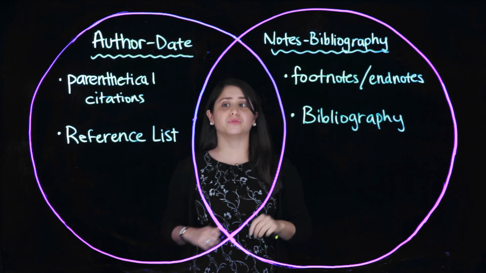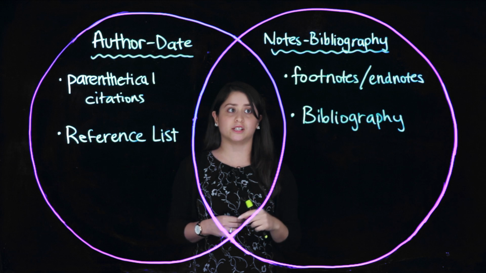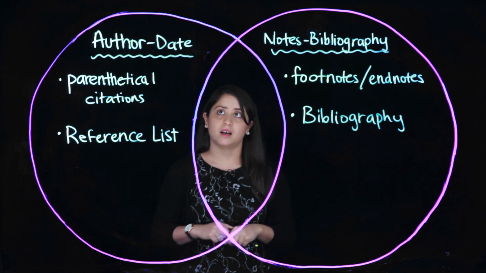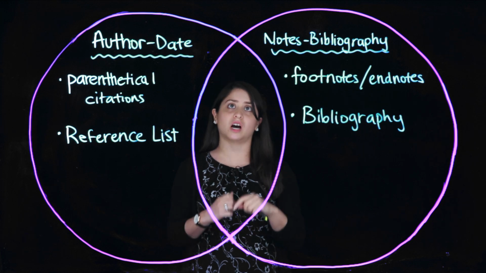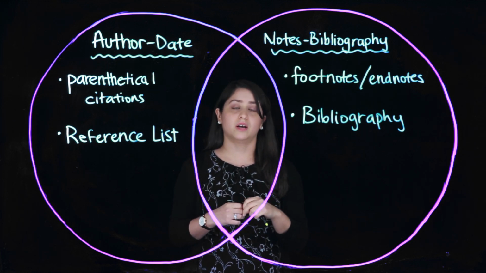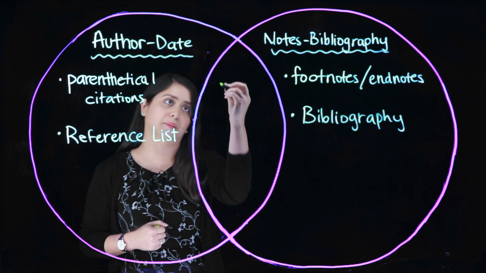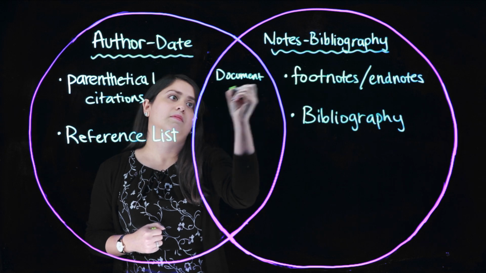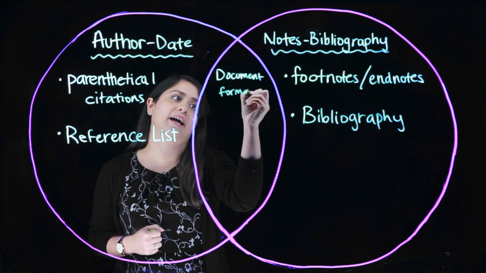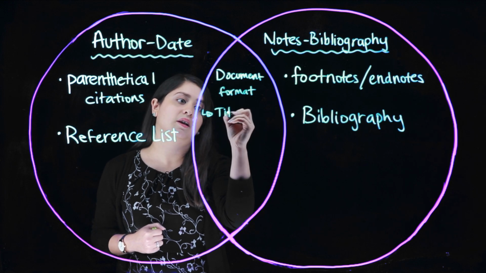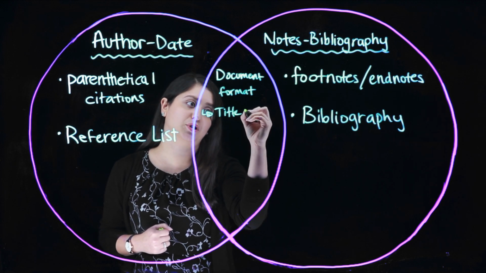Now, there are two different ways you would create your citations when you're doing either a bibliography or a reference list. And now just to talk about some similarities, the main similarity amongst the two are the way you format your document. So that includes your title page, which is in both scenarios optional.